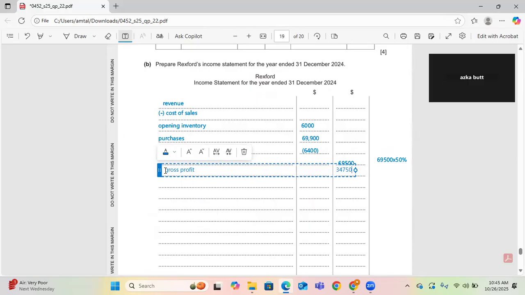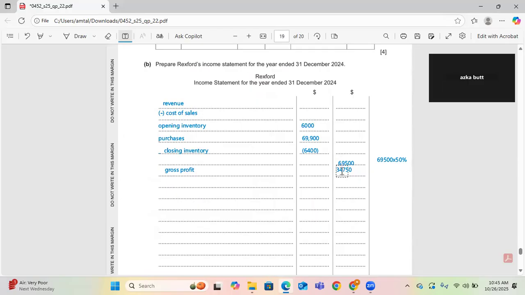Now, with the help of GP and cost of sales, we can easily find out the revenue. How can we find out the revenue? If we want to find out the GP, we do revenue minus cost of sales. Now, since we want to find out the revenue, we will do the reverse working. We will add the GP to the cost of sales, and then we will get the revenue.